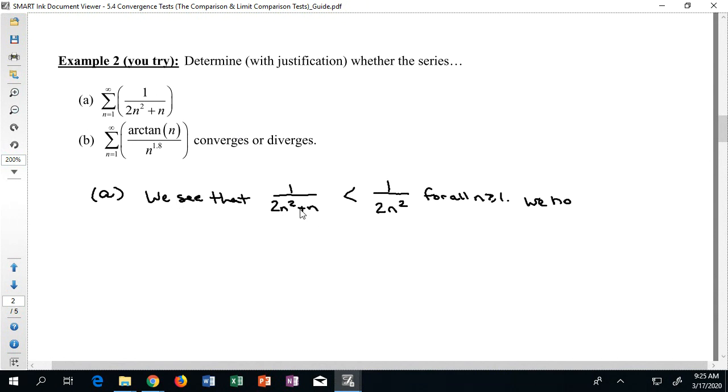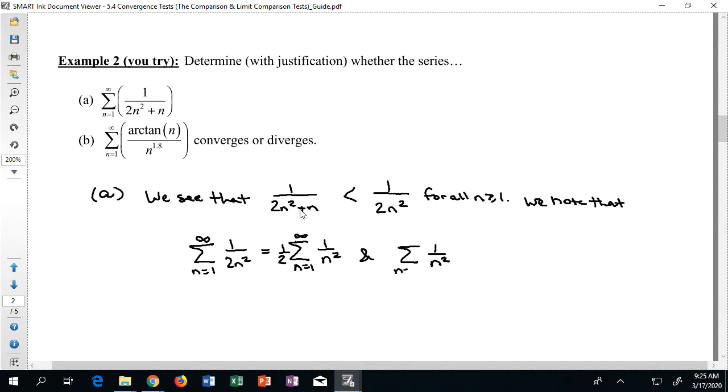I can also say that we note that the series starting from 1 over 2 to the n squared, I can take that 1/2 and pull it out. And so this contains a p-series.